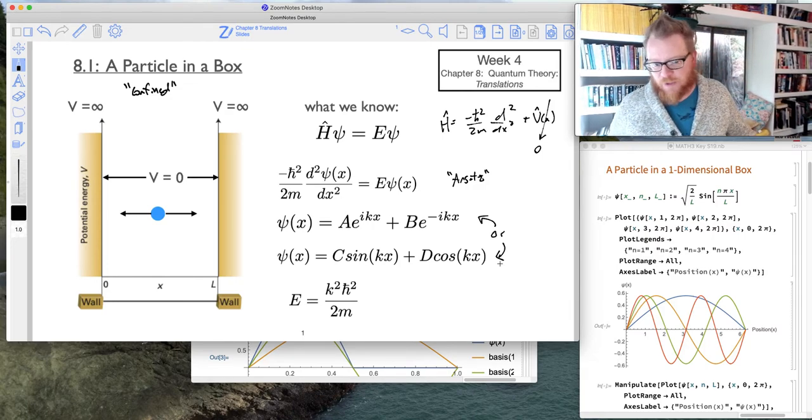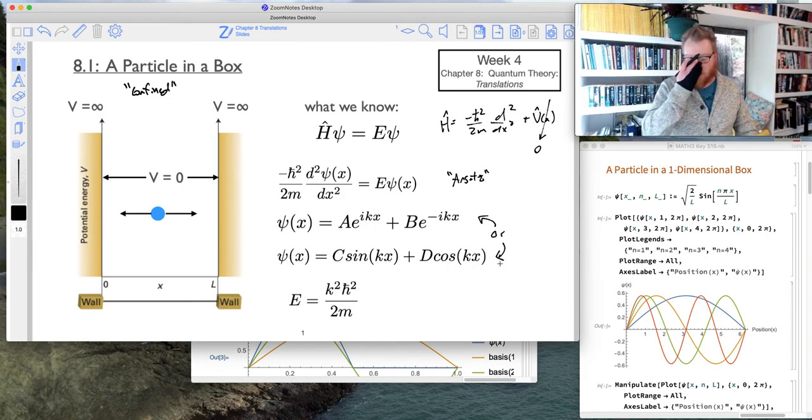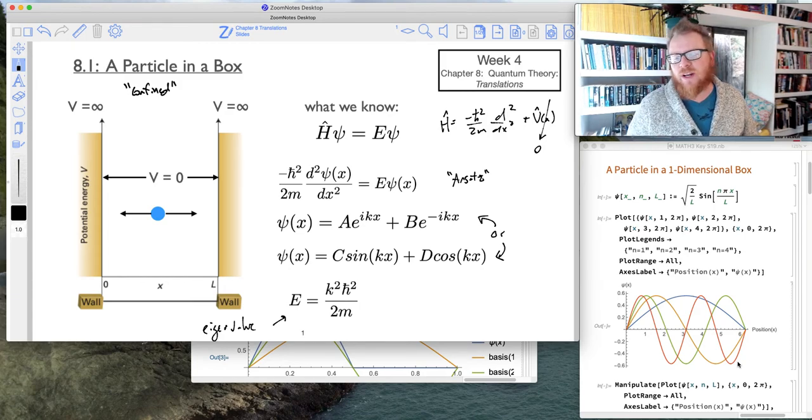So we can use either one of those solutions, and I'll show you which one we'll use as a matter of convenience. We also get that the eigenvalue, the energy E, equals k squared times h bar squared divided by 2m, all right? Now, we didn't quite get into that eigenvalue in the previous slides.